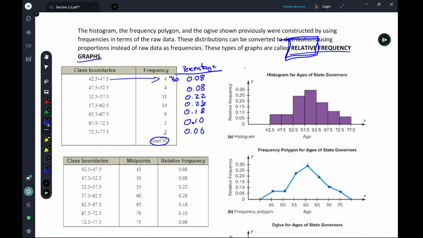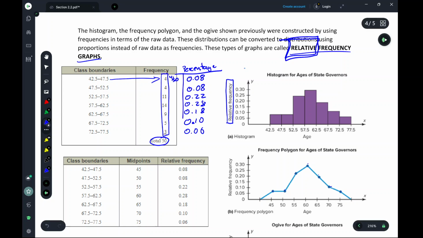Now take a look at what's happening over here in the histogram. We constructed the horizontal axis just like we did above in the histogram. But notice my vertical axis: instead of frequency, it's relative frequency. I'm plotting my decimals, which represent percentages. So from 42.5 to 47.5, I'm not plotting a frequency of 4, I'm plotting a relative frequency of 0.08 right here.